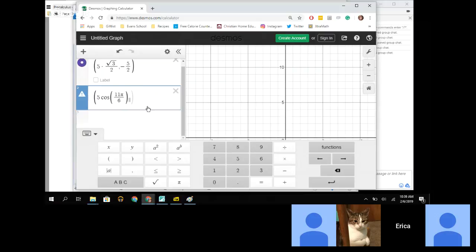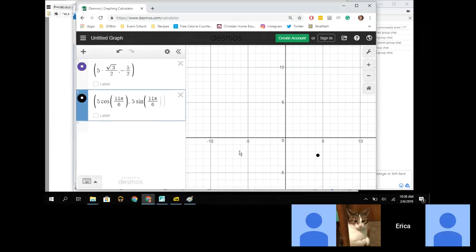Give me just a second here. Let me see if I can get this to graph correctly. There we go. All right, so I apologize because I had it written down wrong in my notes, but this is the same point. I don't know if you can see that. They're in the same spot.